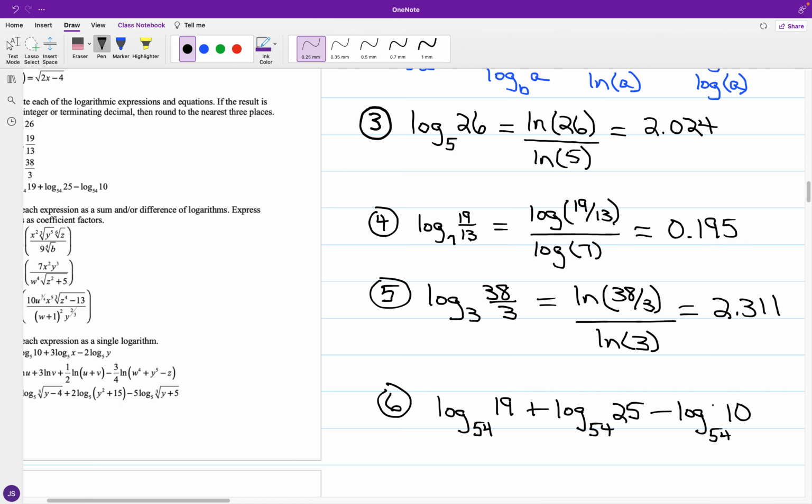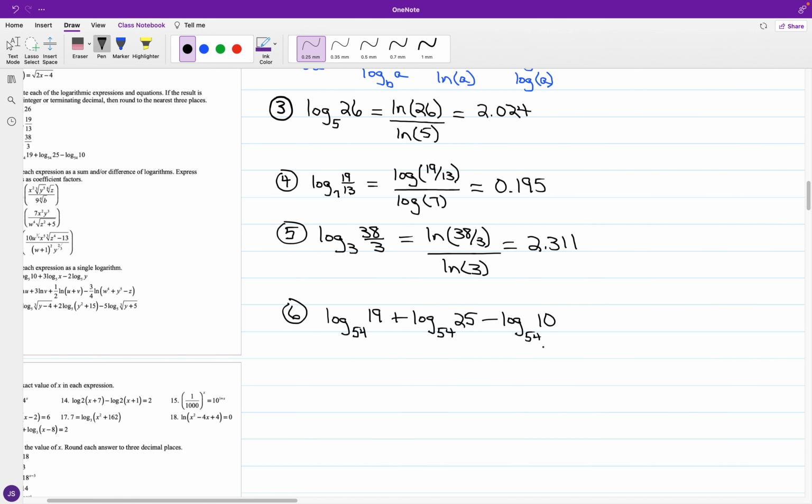And again, when we looked at our sum and difference formulas, we had implications between addition and multiplication, as well as between subtraction and division. So doing a bit of gear shifting, if I look at consolidating as a single base 54 logarithmic term, you have a mix of adding and subtracting.